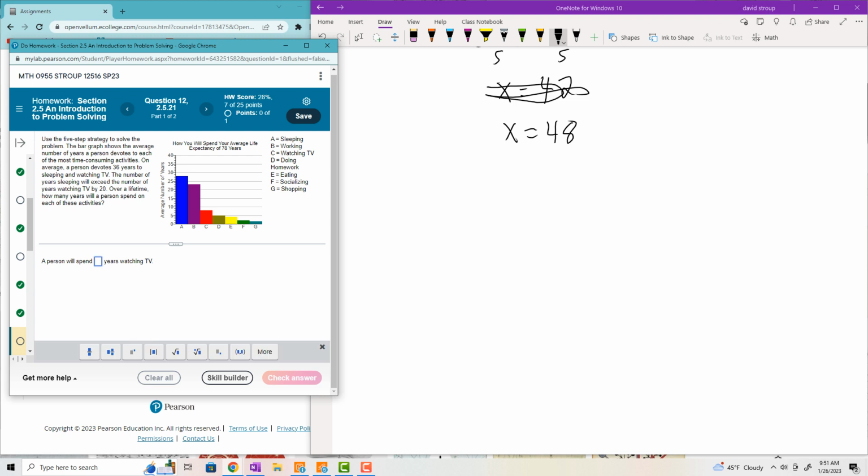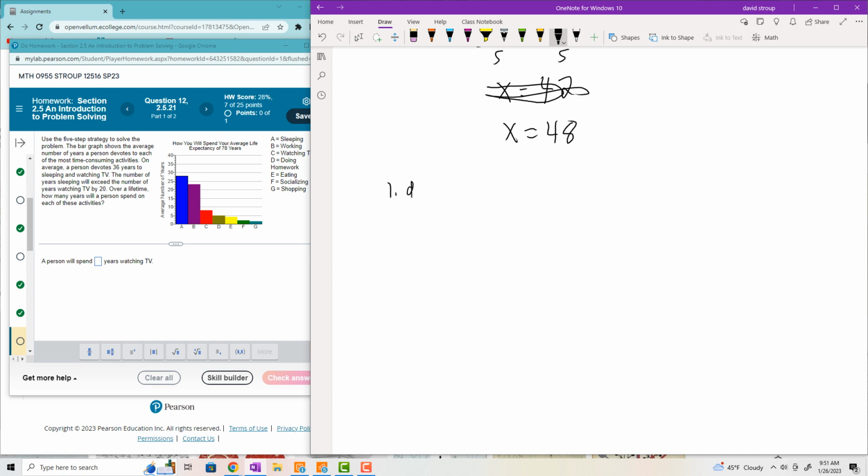Anyways, use 5-step strategies to solve the problem. So at this point in the book, what they do is kind of introduce a strategy where you're first defining one variable, so define x, and then secondly, you're defining everything else in terms of x.